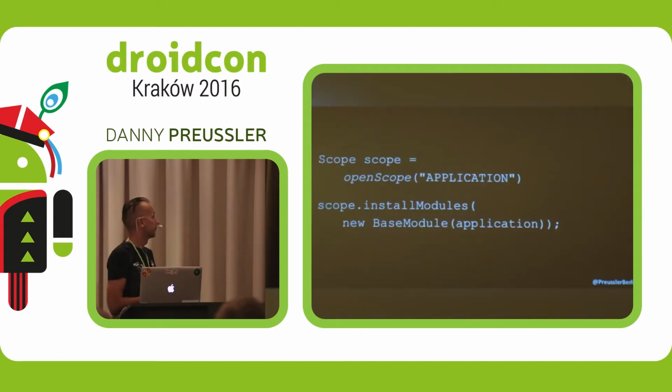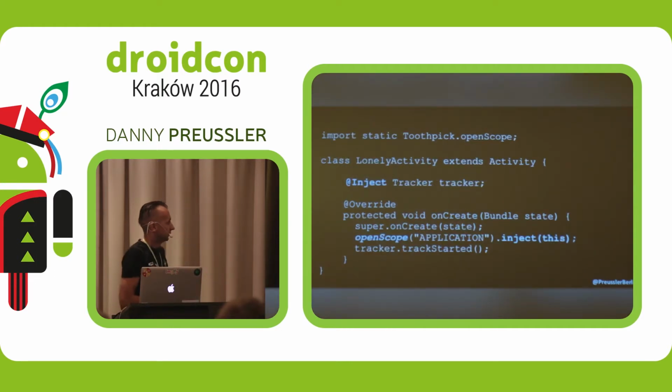So let's look at Toothpick. In Toothpick, you say openScope, let's call it application. You can give it any name you want. And then, similar to what Dagger does, you install the modules. So think about this for now as a component. And then you can use this. You would say, hey, openScope, and then inject.